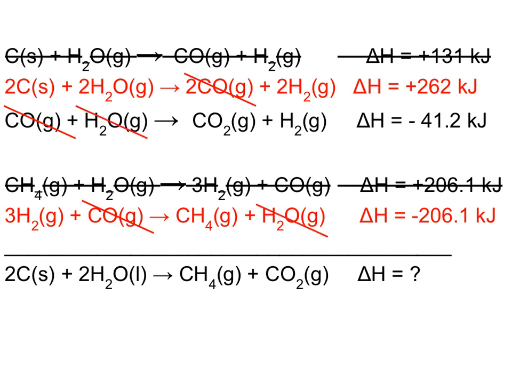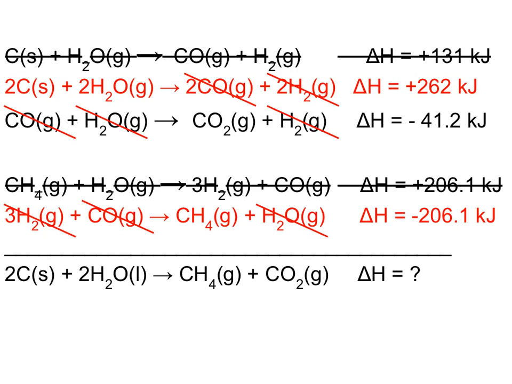Next, we also see that we have 1 water as a reactant in our second equation and 1 water as a product in our bottom equation. And so those can cross out. We also see that we have 1, 2, 3 H2s as products and 3 H2s as reactants. And so those can all cross out.